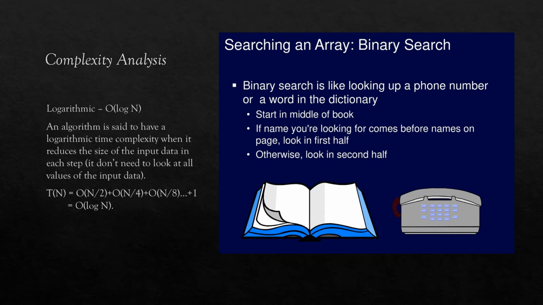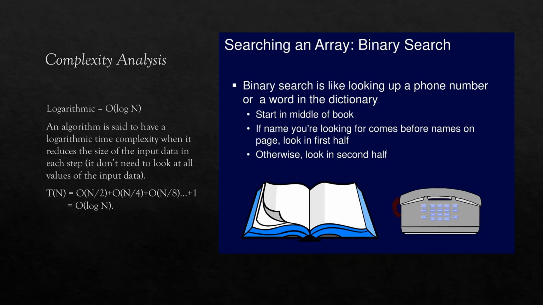If you have a phone directory and you would like to look for a phone number, you go into the middle of the book, and if the name you're looking for comes before the names on this page, you look in the first half, otherwise you look in the second half, which means you are dividing the search into two halves.